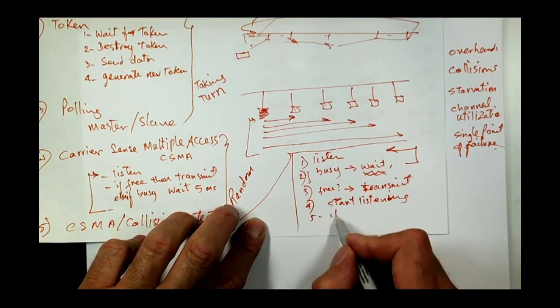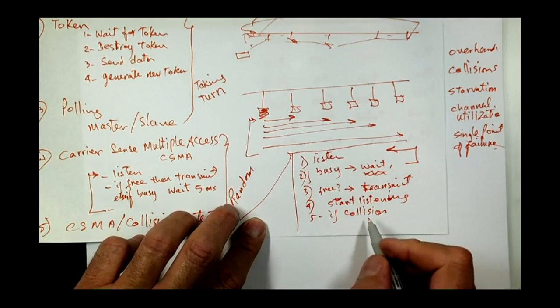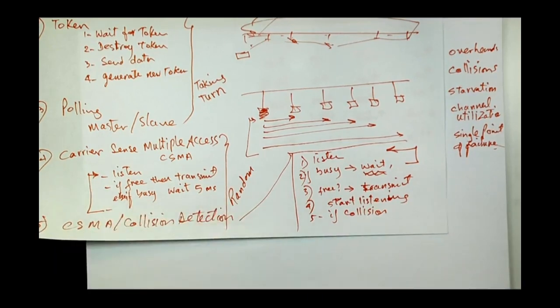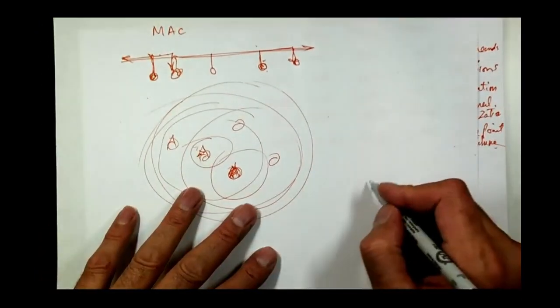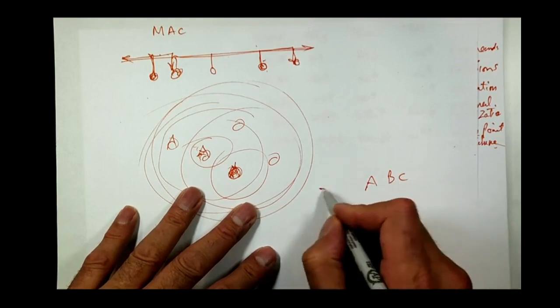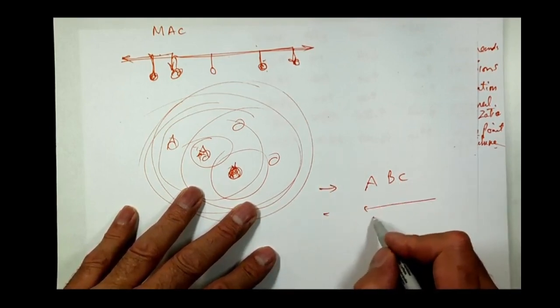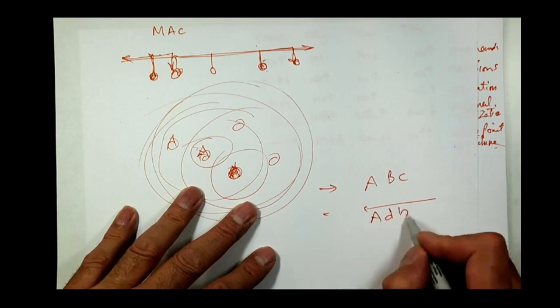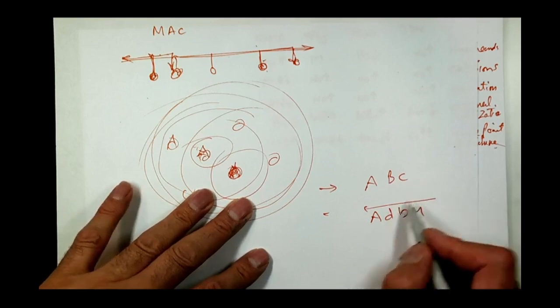If there is a collision, how do you know if there is a collision? See, if you send the message ABC, and when you listen, you get the message ADBM. That's not the message you are sending. You should be hearing ABC.